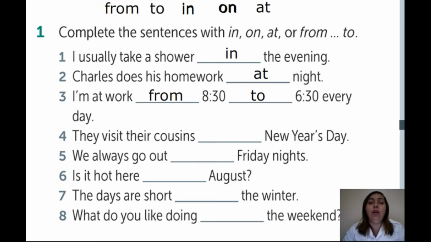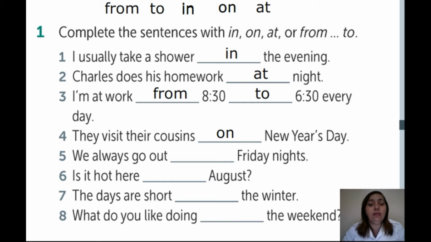Number 4, what preposition best completes the sentence? They visit their cousins New Year's Day. So, what is the preposition we use to talk about celebrations or events? We say on New Year's Day. Remember, we use on for occasions, celebrations, right? Special dates.